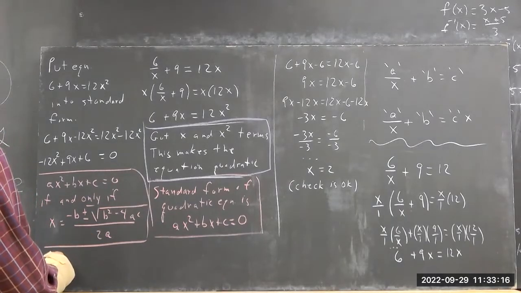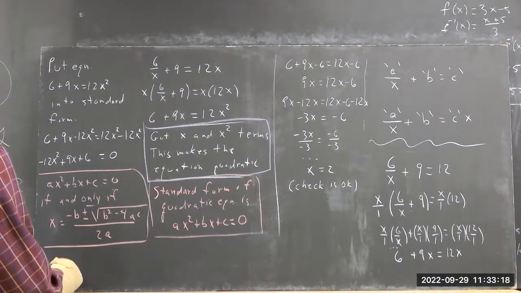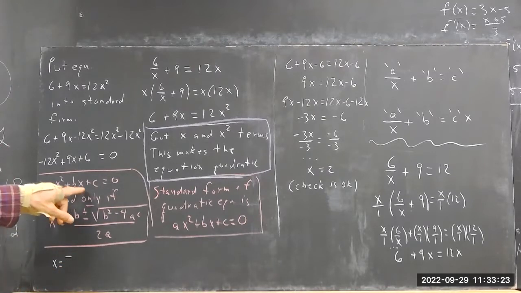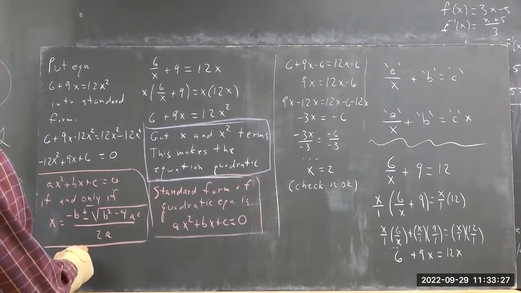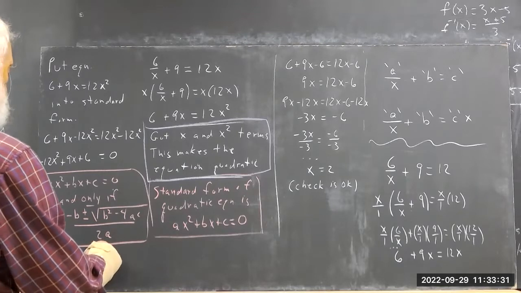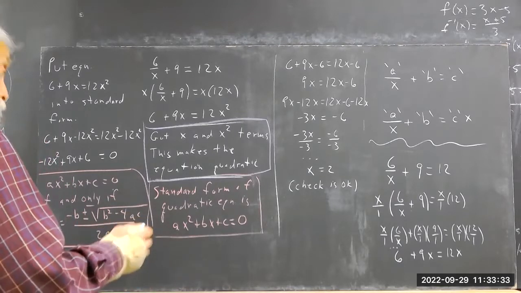So we have x equals negative b. How do I identify b? It's what's in front of x. And what's in front of x is 9, so it's negative 9, plus or minus the square root of b squared.